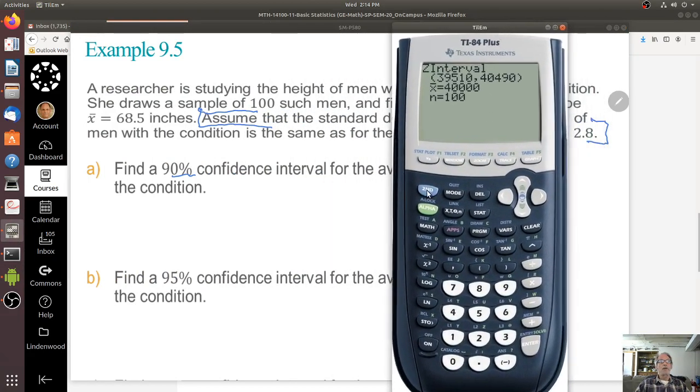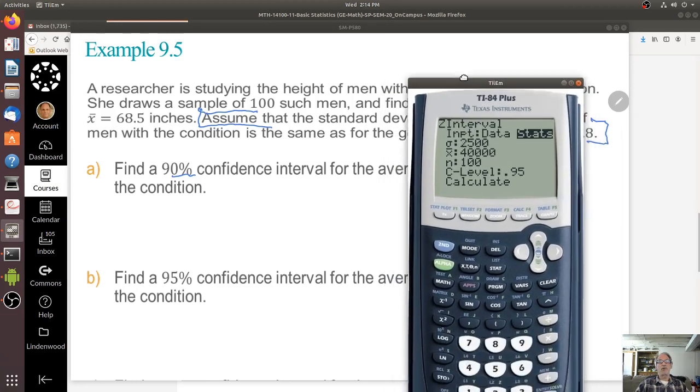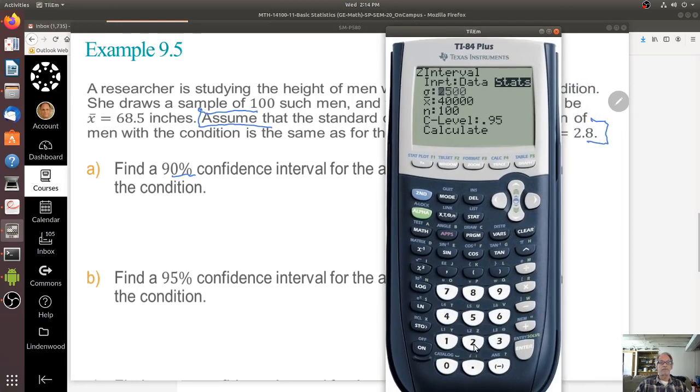Stat, tests, 7, Z interval. Stats is highlighted. The standard deviation is from the problem, and it's 2.8. The mean, X bar, is 68.5. And N is 100 again.